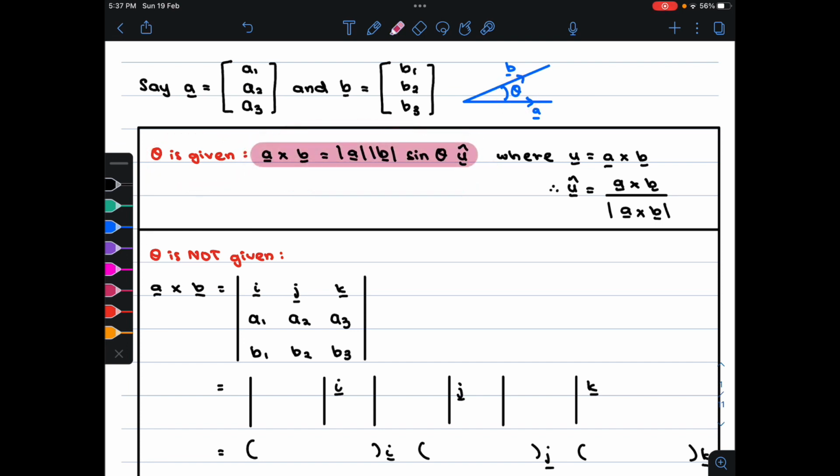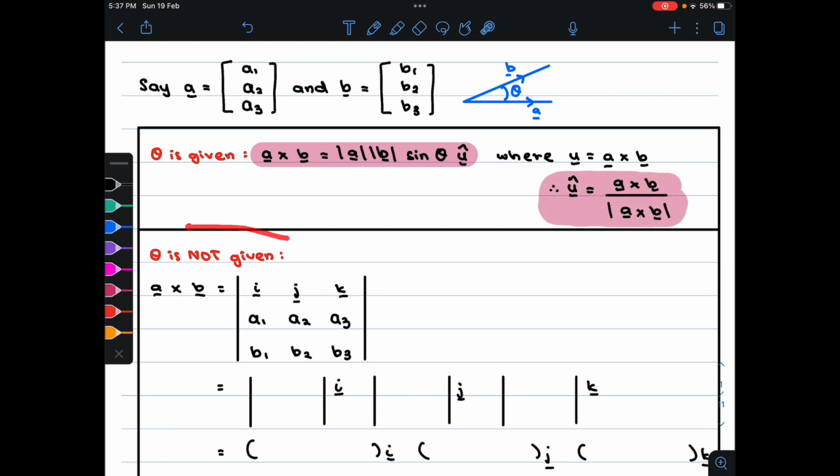A cross B is equal to magnitude A times magnitude B times sine theta times the unit vector U, where the vector U is A cross B. Therefore, the unit vector U is the cross product, which is A cross B, divided by its magnitude, which is the magnitude of A cross B.